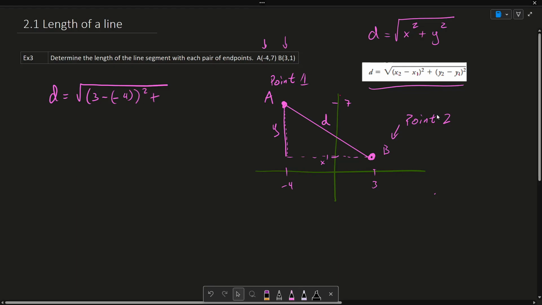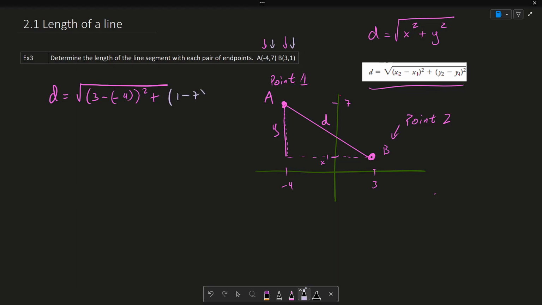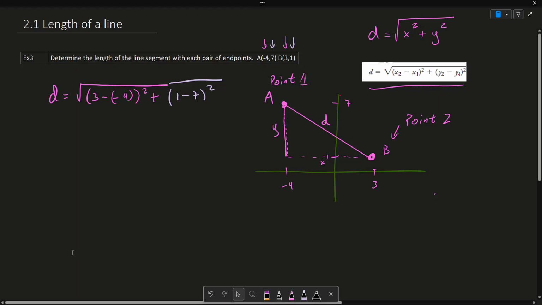Now I do the same thing for my y-coordinates, and so my second y-coordinate is a 1, and my first y-coordinate is a 7, and so it's going to be 1 minus 7 squared. Okay? And if you look closely, I get a -6 in here, but we're going to square it, and here I ended up getting a +7, and we're going to square that.